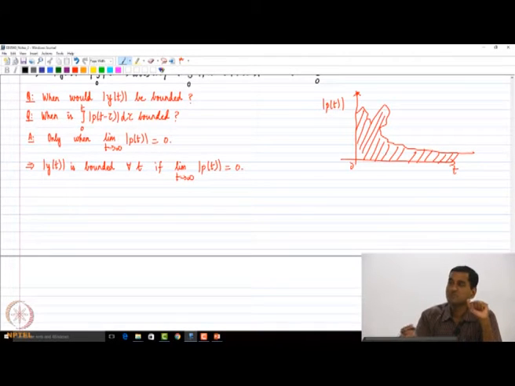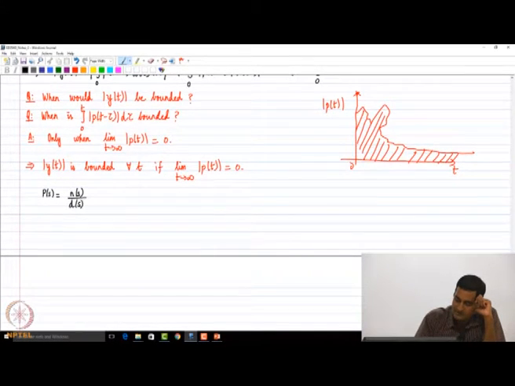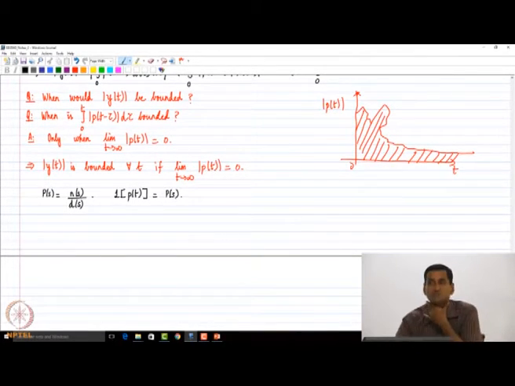Now let's go further. We already know that P of s is equal to n of s divided by d of s. This is the plant transfer function. And the Laplace transform of P of t is P of s. This is also something we know.